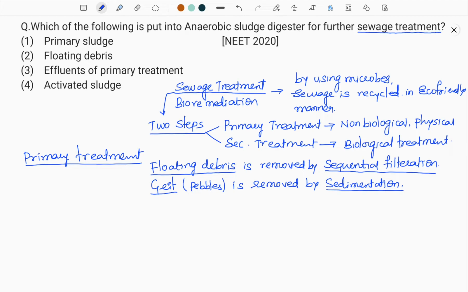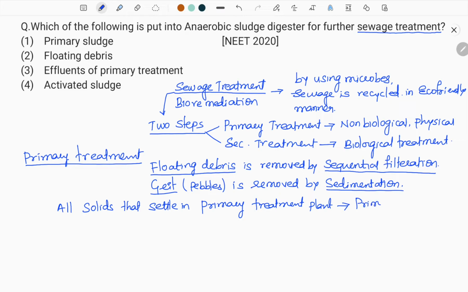Before that, all solids that settle in the primary treatment plant are called primary sludge.